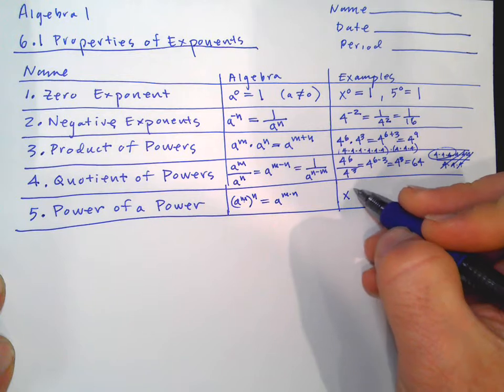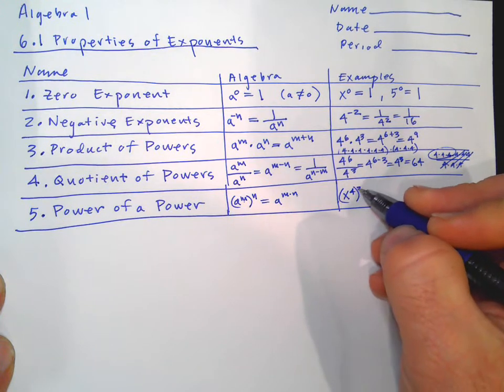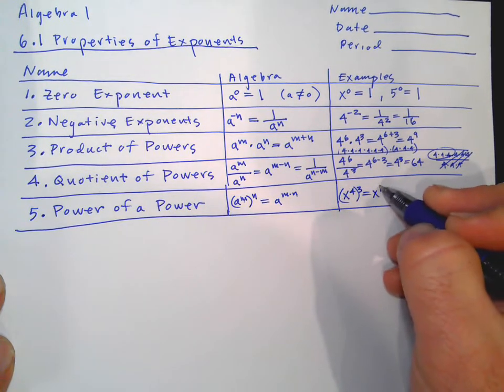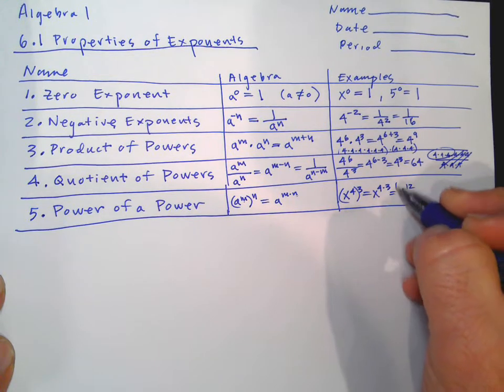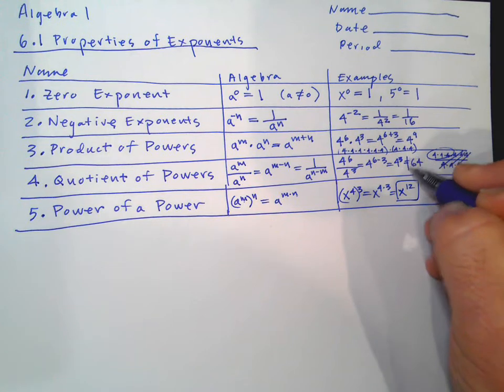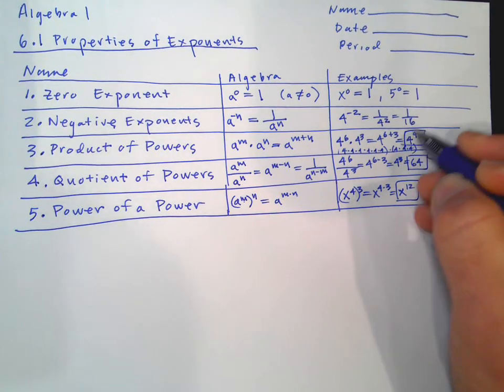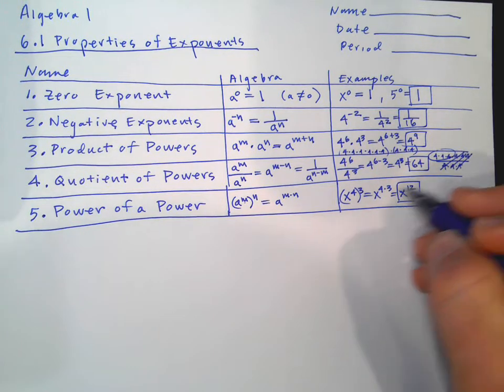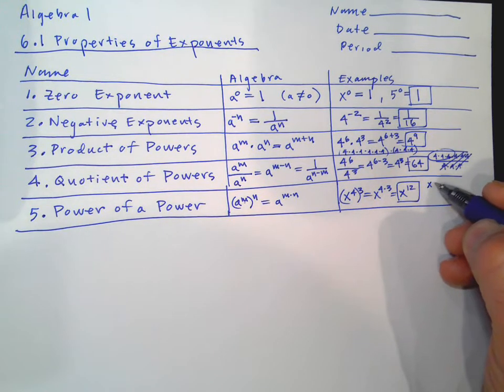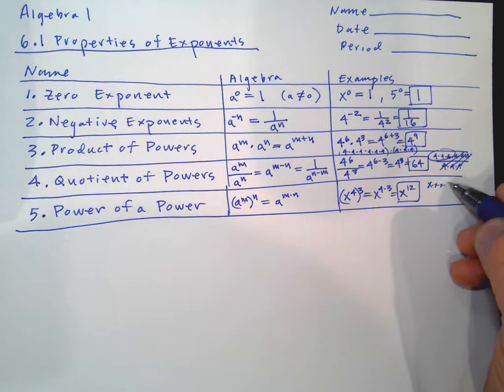For instance, x to the fourth to the third would be x to the 4 times 3, x to the 12th for your final answer. Now, this is another easy one to prove, because x to the fourth is x times x times x, right?